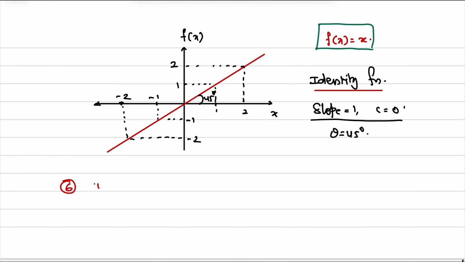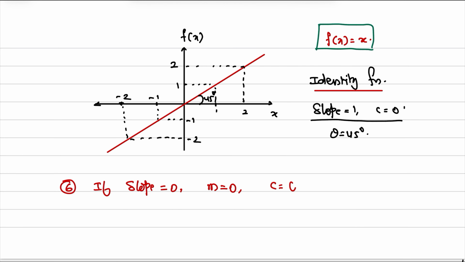If slope is equal to 0, that means m is equal to 0, and intercept C is equal to constant. What happens to that straight line? y is equal to mx plus c. When m is equal to 0, y is equal to c.